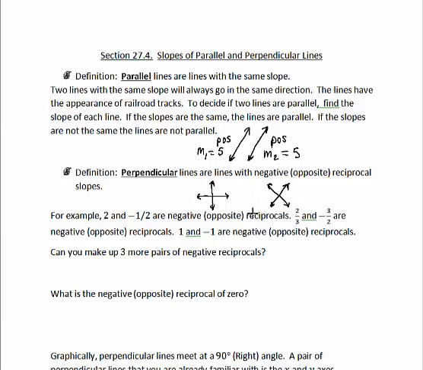How are perpendicular lines related to the slope? Well, it turns out that if we have the slope of one line, let me say this other one, because 2 is a positive number and our positive slope in this case is the one that points up to the right.